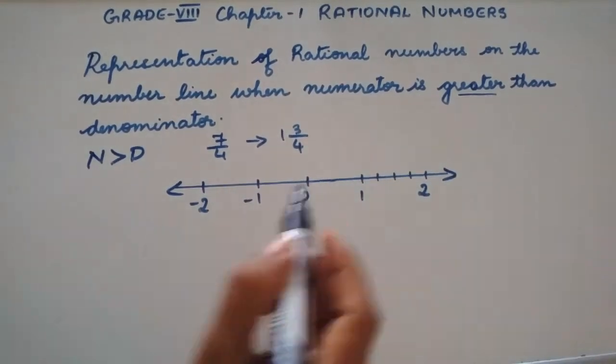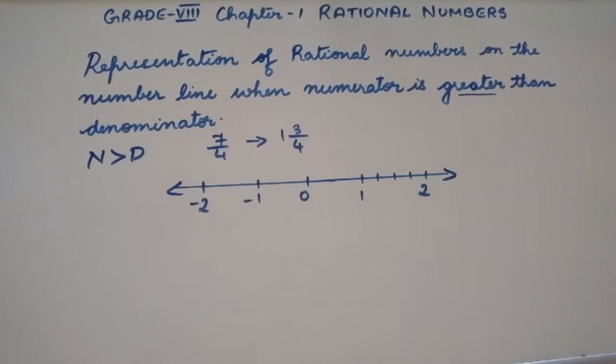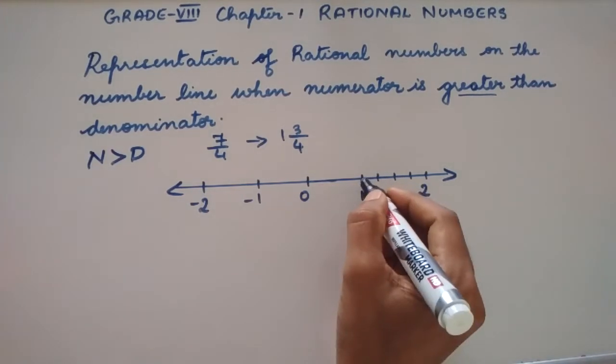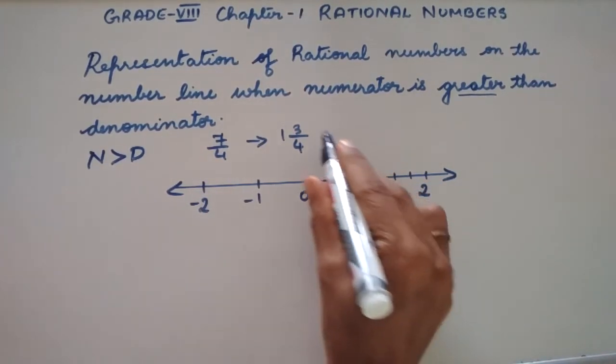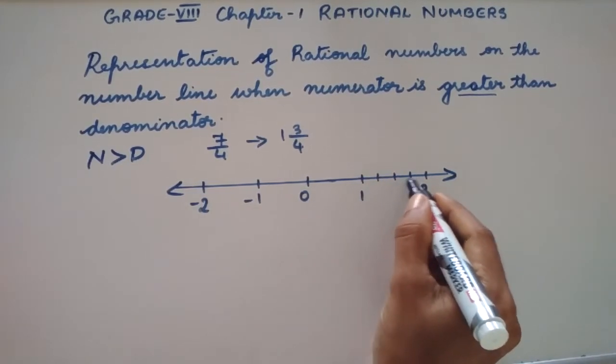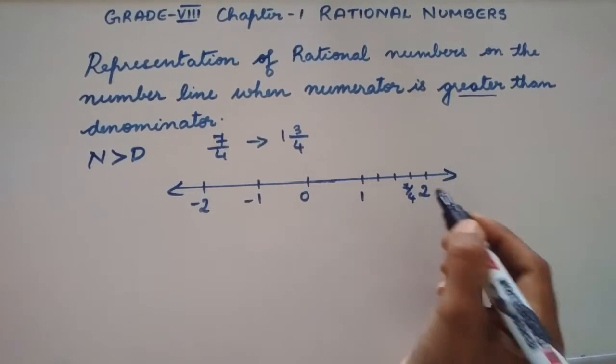Here the numerator of the proper fraction part tells us the number of parts from the first whole number. Which is the first whole number? That is 1. So it is 3 parts away from 1. 1, 2, 3. So we mark 7 by 4 here.